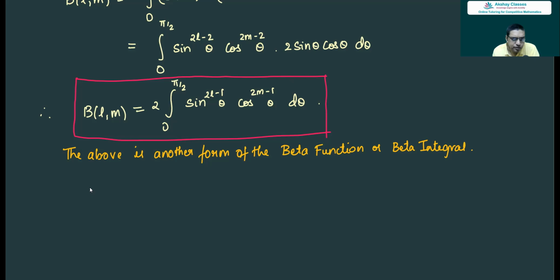Now, there is the third very important point. The third very important property is the relation between beta and gamma function.